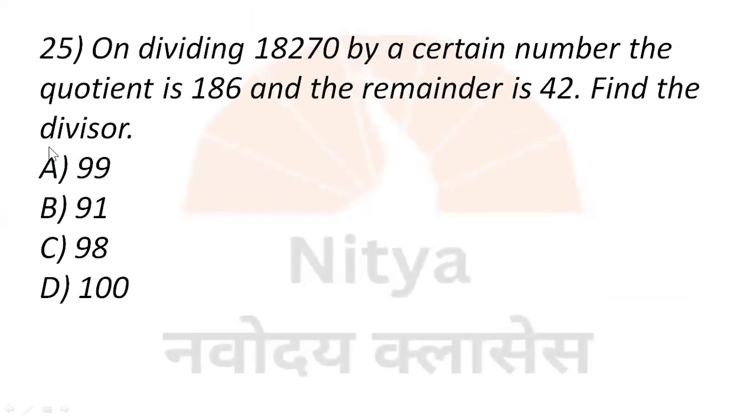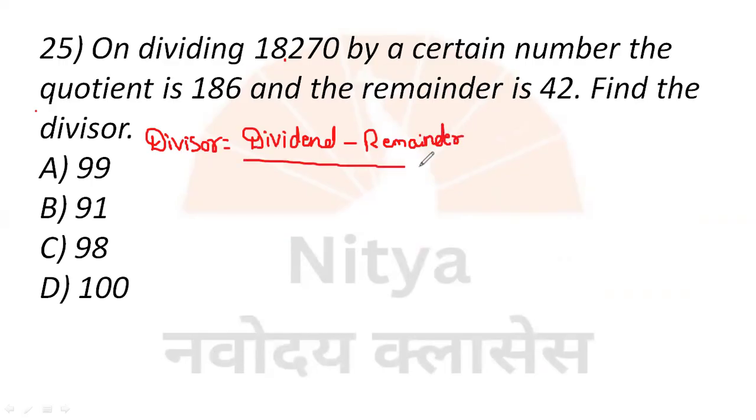25. On dividing 18,270 by a certain number, the quotient is 186 and the remainder is 42. Find the divisor. Here we have to find the divisor. So divisor equal to dividend minus remainder divided by quotient.